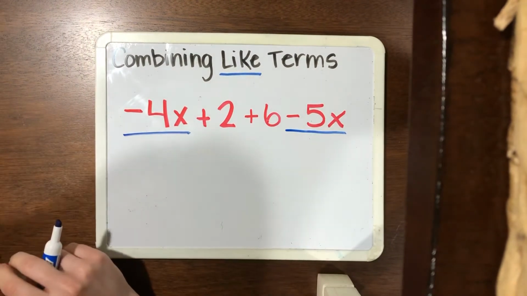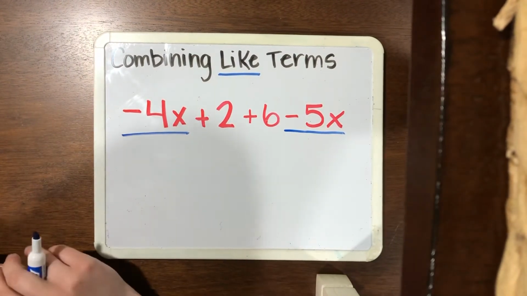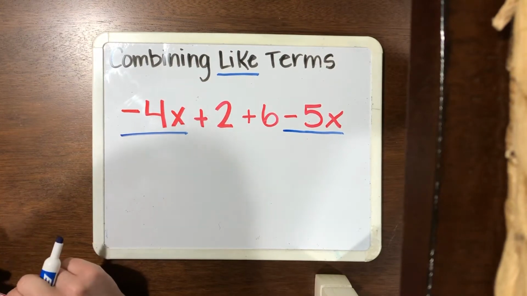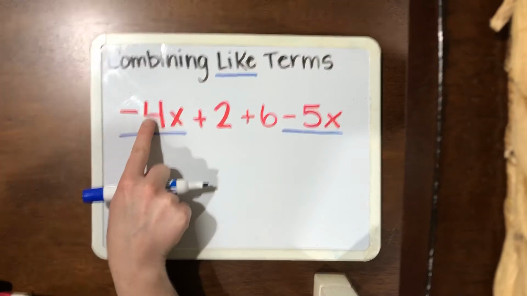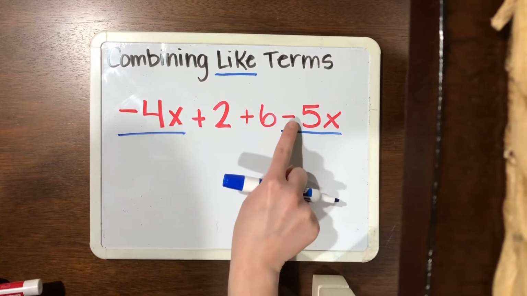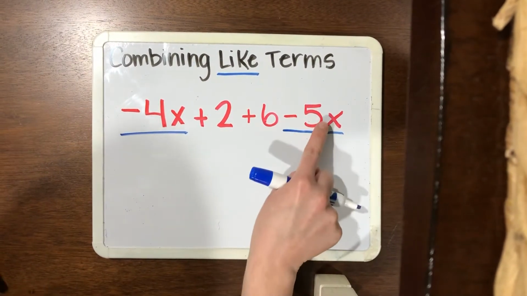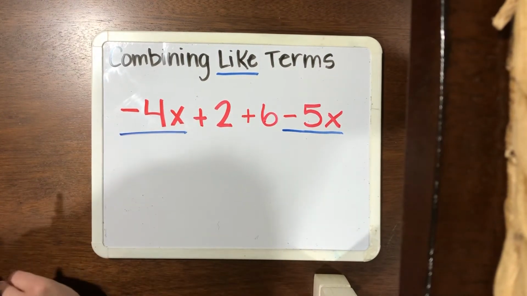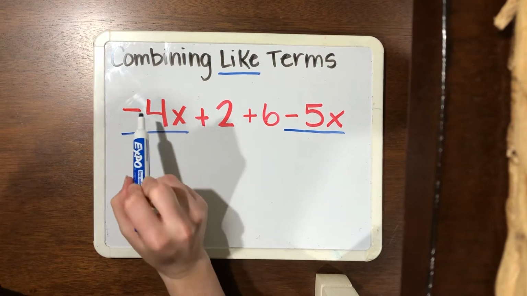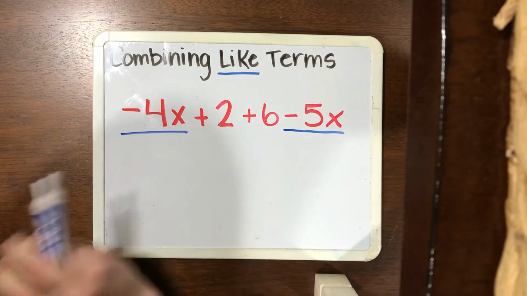That's the key I want you guys to focus on. Every term within an expression always has an operation with it. Sometimes you'll have a negative that you see, and sometimes you might have a subtraction symbol, but that also means that it's negative. Just like these constants have an addition symbol, which makes them positive. So right now I need to combine negative 4 and negative 5.